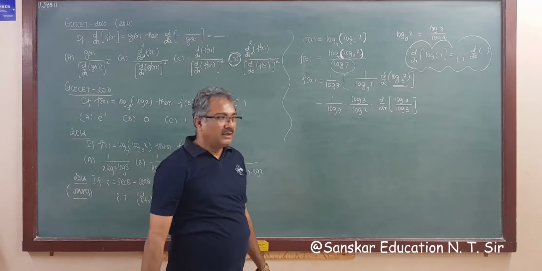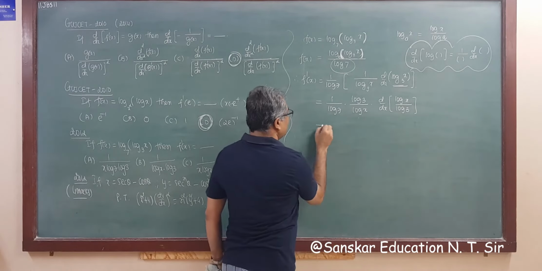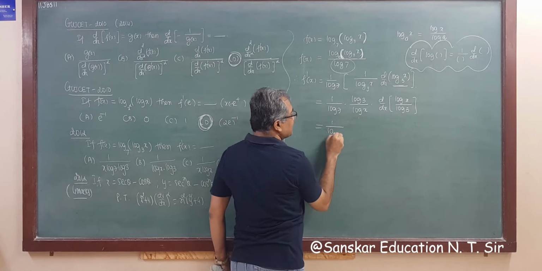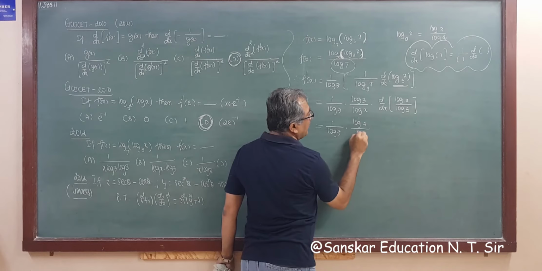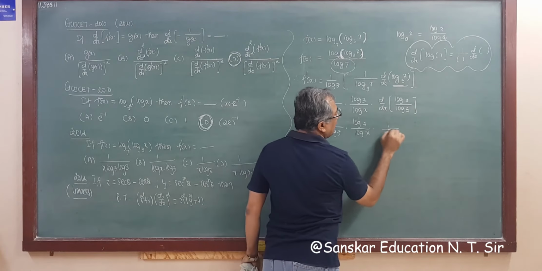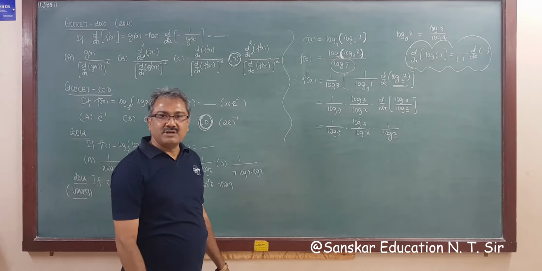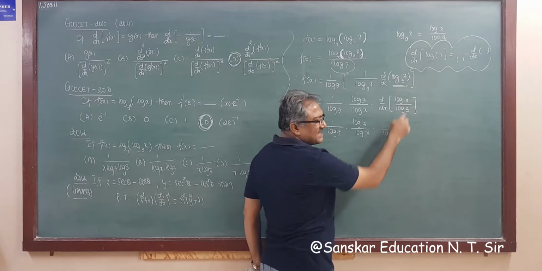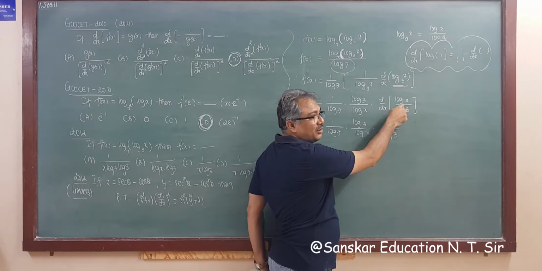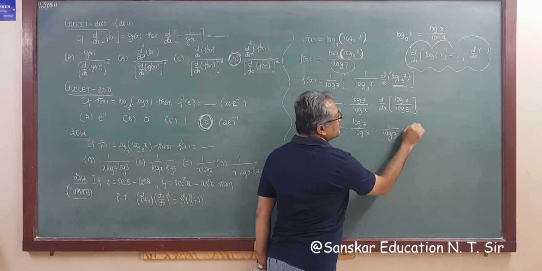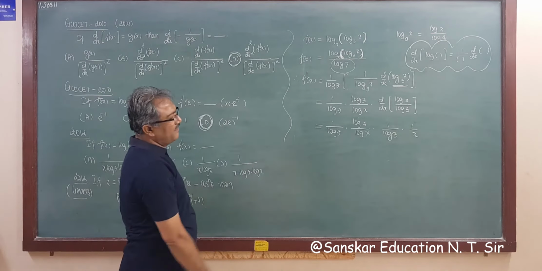Got it? Now log 3 is constant, so taking it outside, what is your answer? 1 upon log 7 into log 3 whole upon log x into 1 upon log 3, which is constant. Now the derivative of log x is 1 upon x if it is a natural log. So here it is a natural log, so the answer is 1 upon x, right? So this is your differentiation.